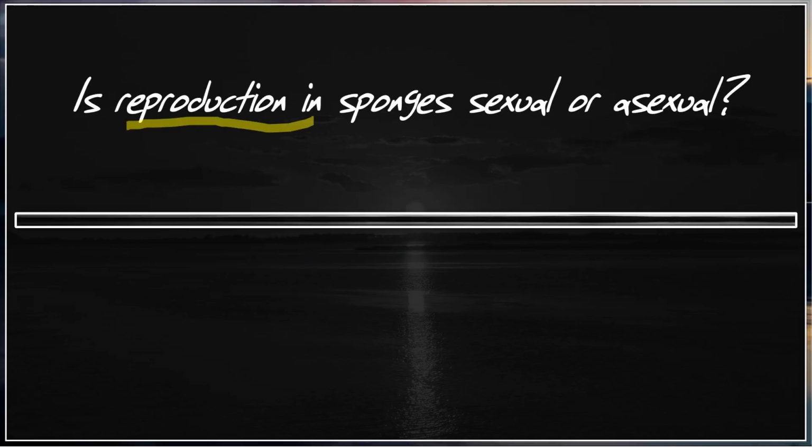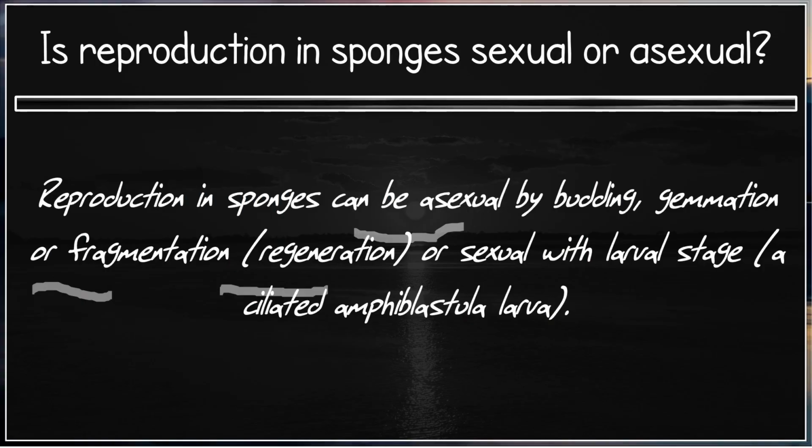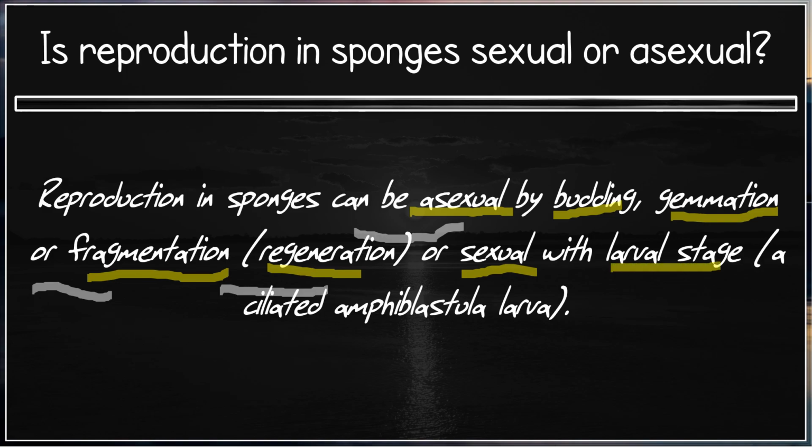Is reproduction in sponges sexual or asexual? Reproduction in sponges can be asexual, that is by budding, gemmation, or fragmentation, that is regeneration, or it can be sexual with a larval stage, that is a ciliated amphiblastula larva.